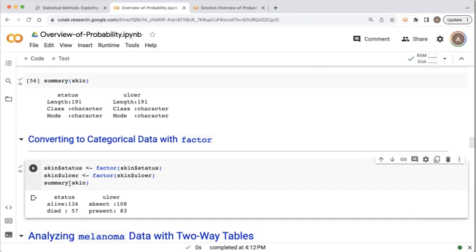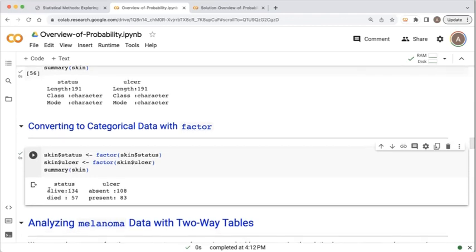So when we run a summary on the skin data frame, we can now see counts. There were 191 people remaining in this data set. And out of those 191, 134 were alive at the end of the study. 57 died from melanoma.